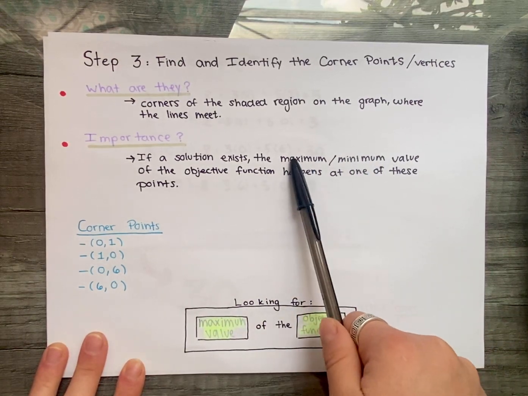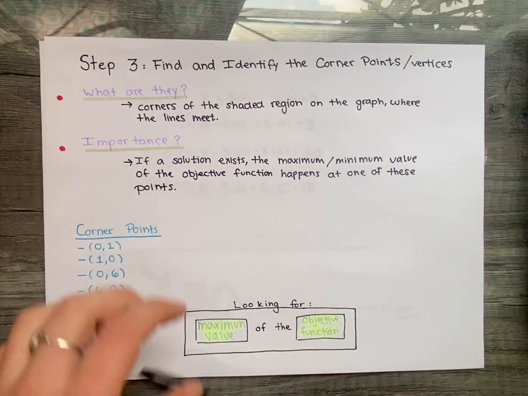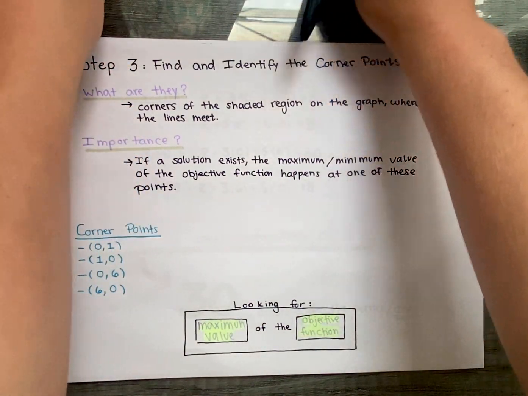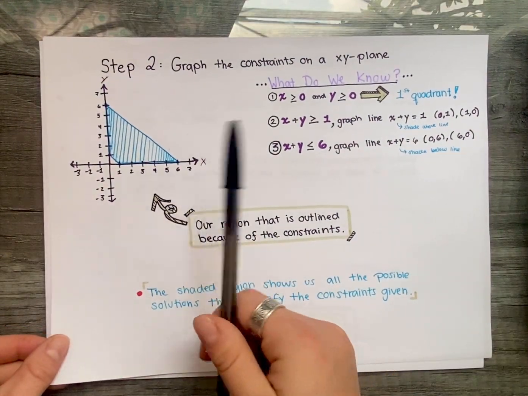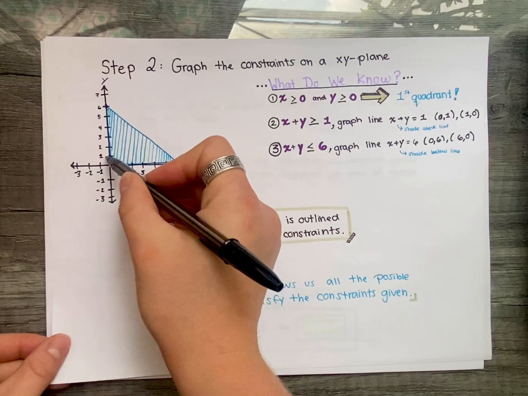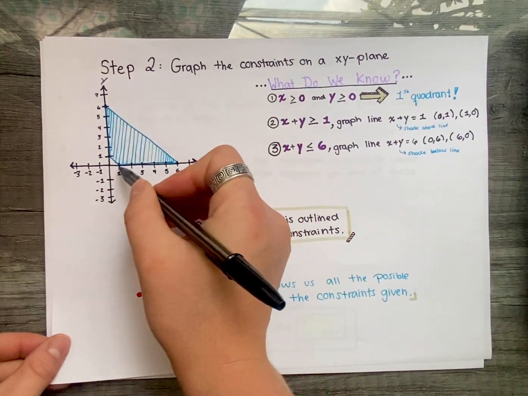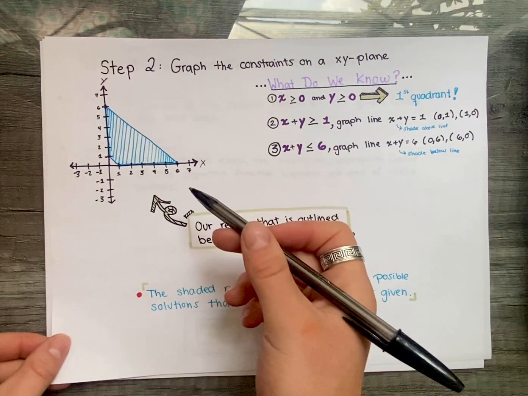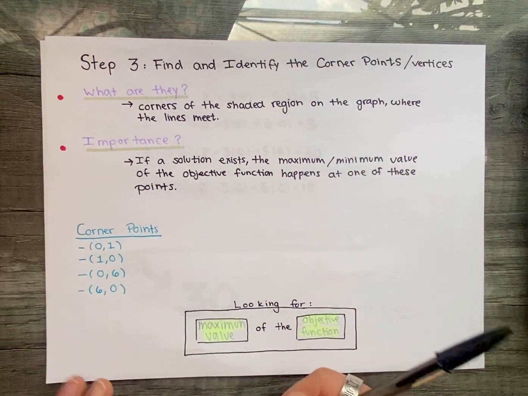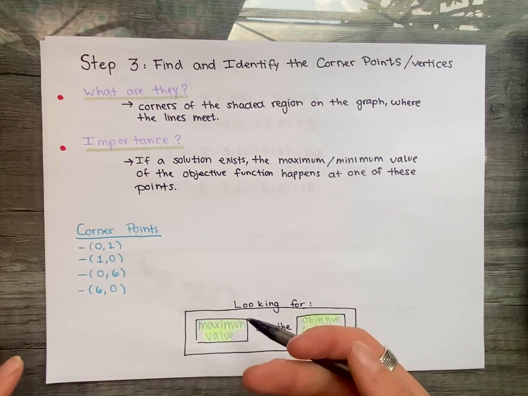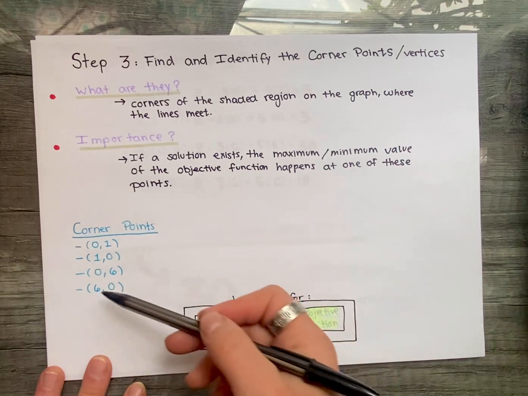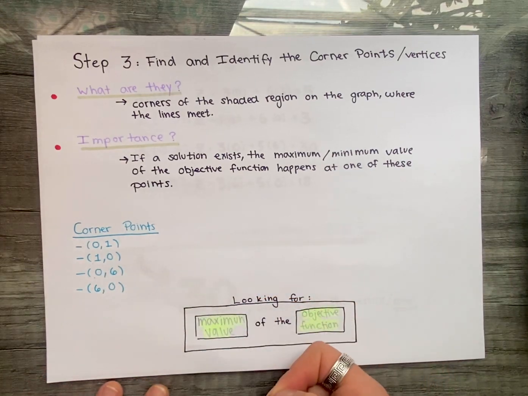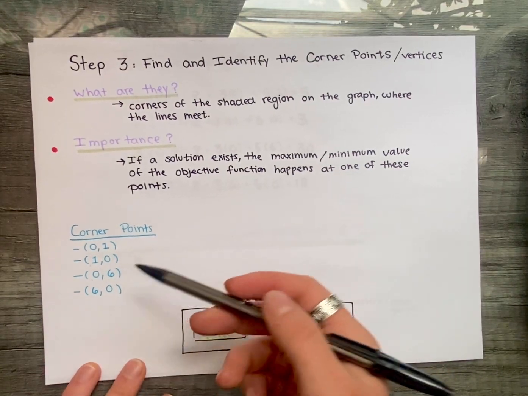If we look back at our graph, we can see there are corners, and these corners give us our corner points. Our corner points are the coordinates that we found in step 2: 0, 1, 1, 0, 0, 6, and lastly 6, 0.